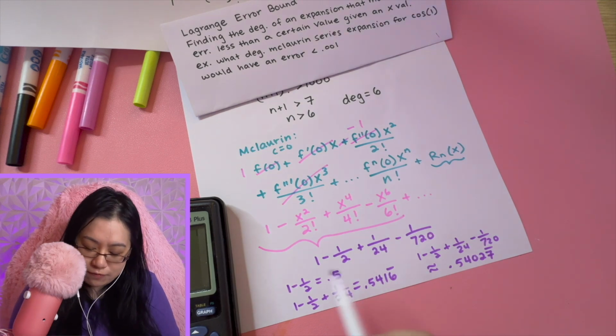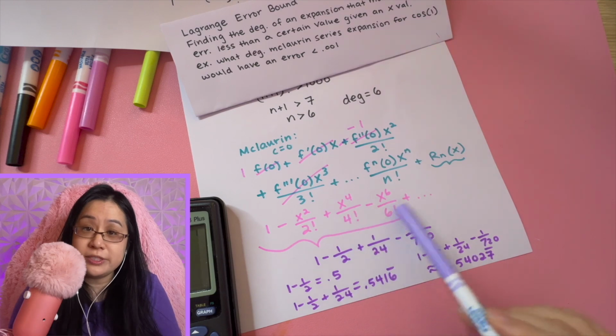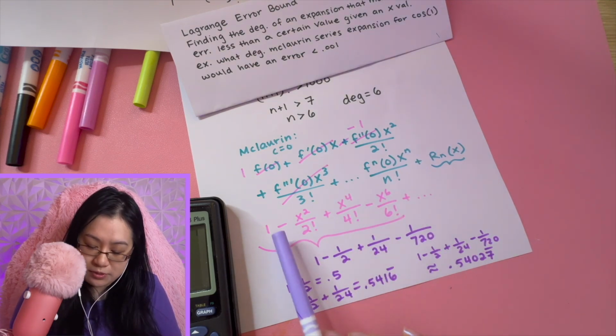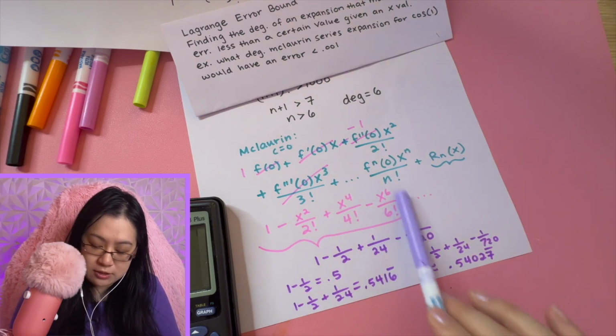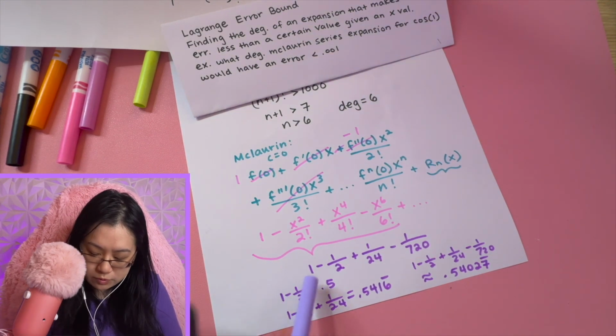It can be a little confusing since there are missing terms here. Just because they canceled out, that doesn't mean this is degree 4, this is still degree 6. So I just want to remind you of that.